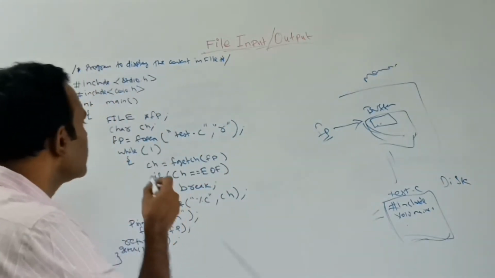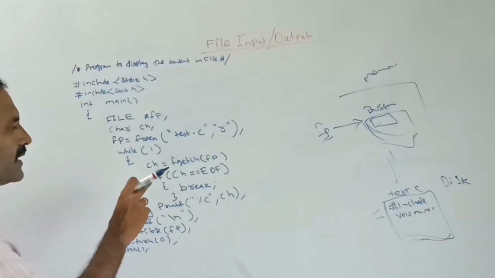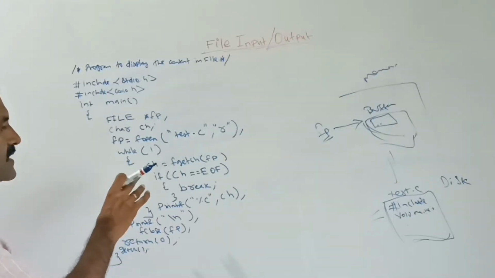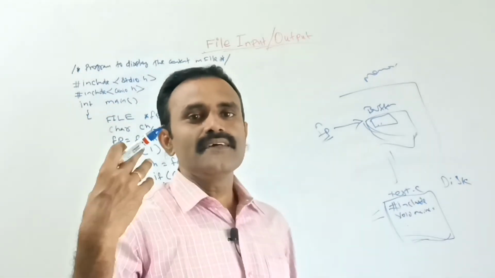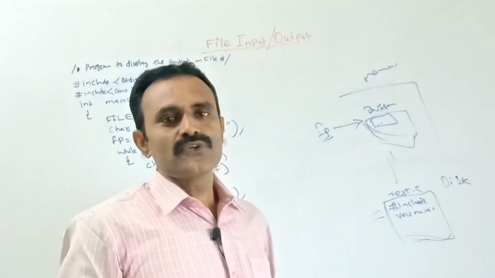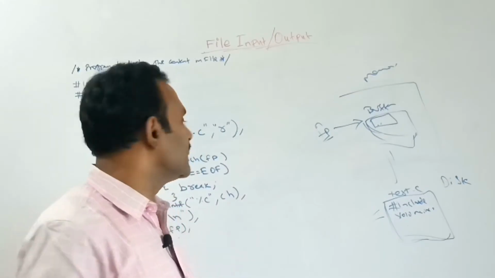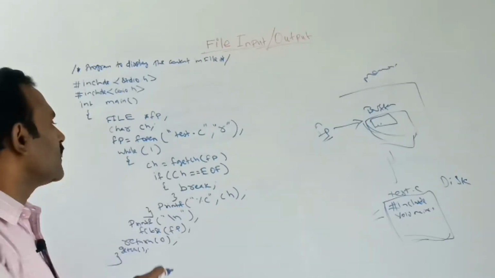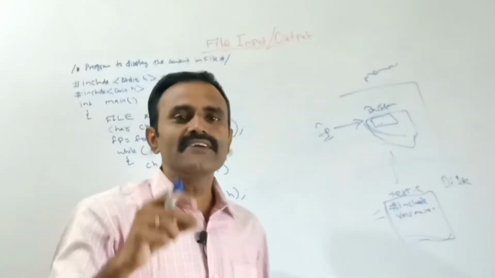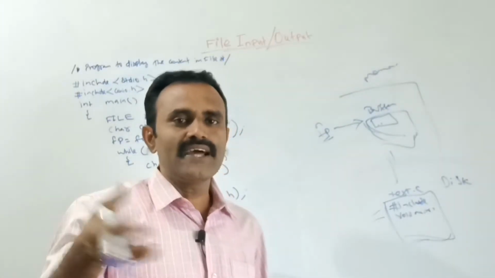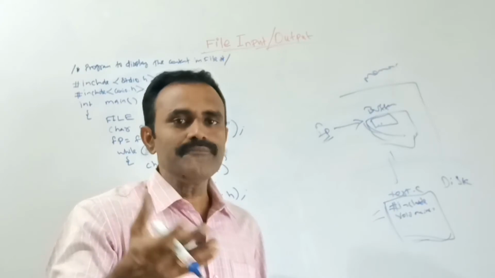If you are using while 1, why am I telling you? Because we can't give the condition; each and every file will have a different size, and depending upon that the values will vary. So the while condition we can't give. So here I am using while and 1. While 1 means an infinite loop. Until we give the break, that loop will be repeated.